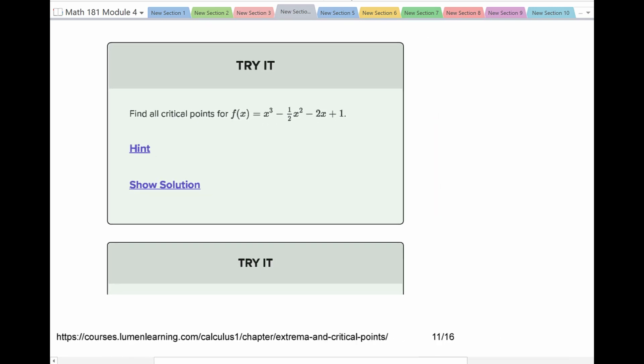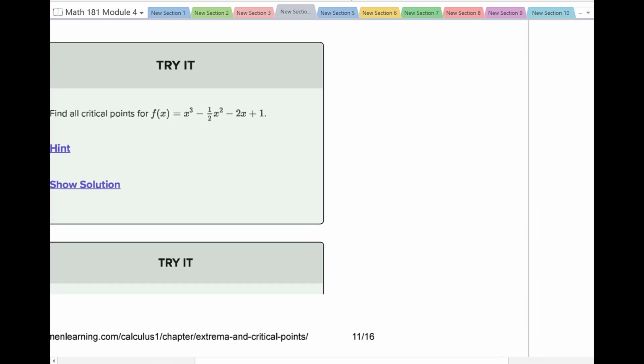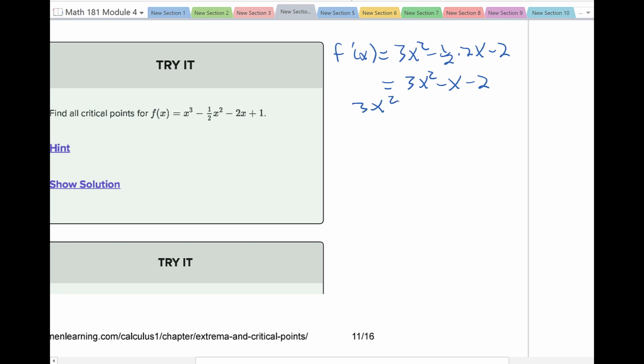Find all the critical points for f of x equals x cubed minus 1/2 x squared minus 2x plus 1. So our f prime of x is going to be 3x squared minus 1/2 times 2x minus 2. So it's 3x squared minus x minus 2. We set 3x squared minus x minus 2 equal to 0, and we can factor this to be 3x plus 2 times x minus 1 equals 0.